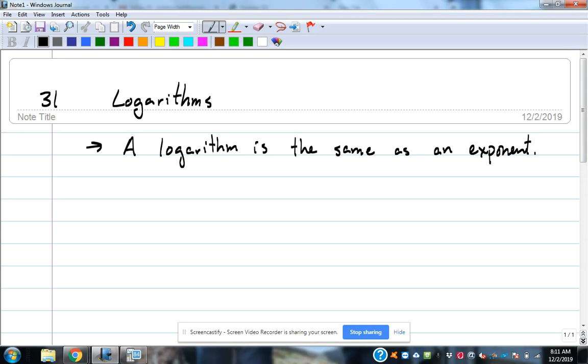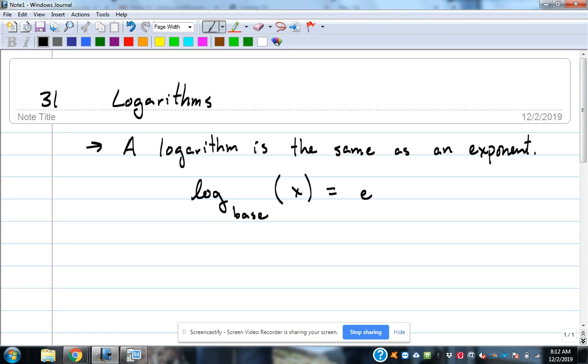So the first thing that we want to talk about is how a logarithm equation is laid out. What you have is log and then some base, and then you have something that you're taking the log base of. So the base might be a 2, a 10, or any number.